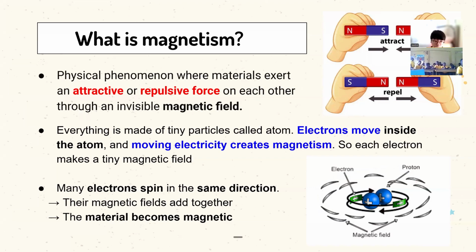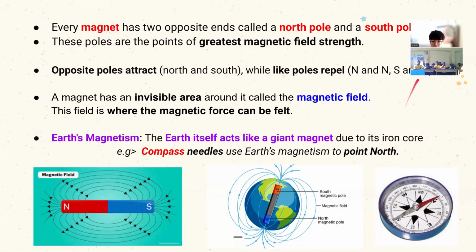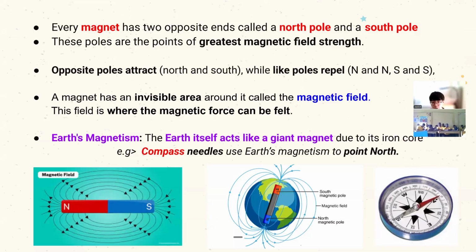But just know that for magnetism, it is the attractive or the repulsive force against each other. Like we know, every magnet has two opposite ends called the North Pole and the South Pole.